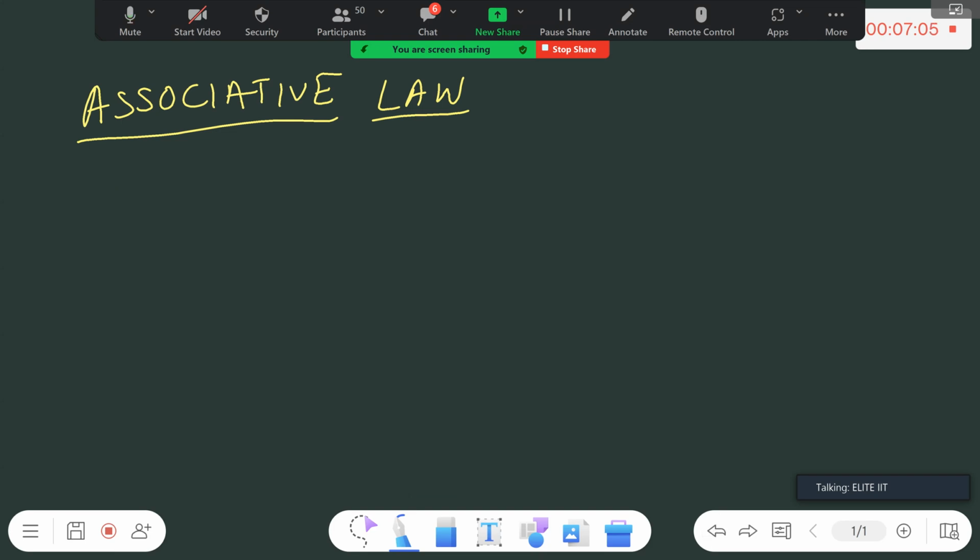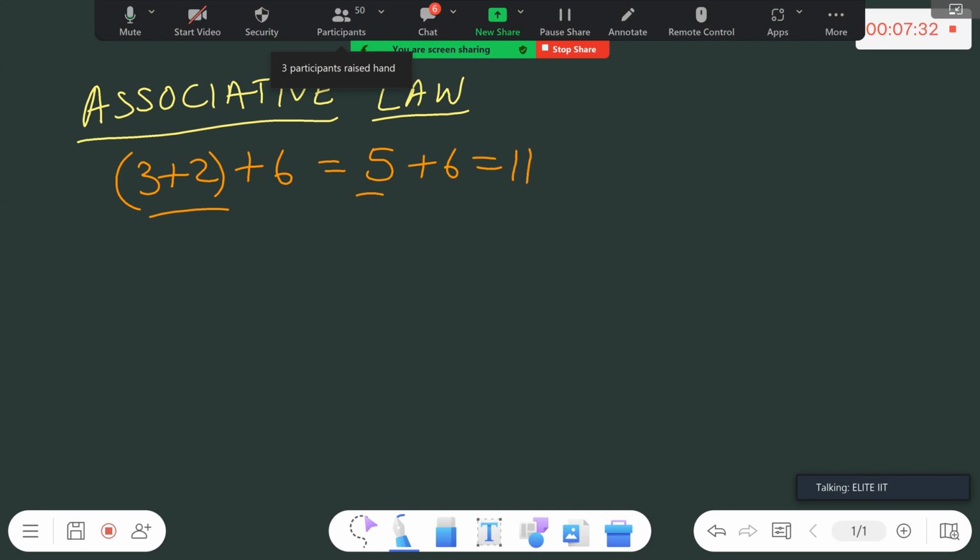If I take 3 plus 2 plus 6, what is the value? 11. First we'll do 3 plus 2, 5, isn't it? Does everybody remember BODMAS rule? Yes, so first the bracket. So 3 plus 2 will give me 5 plus 6, it will be 11.